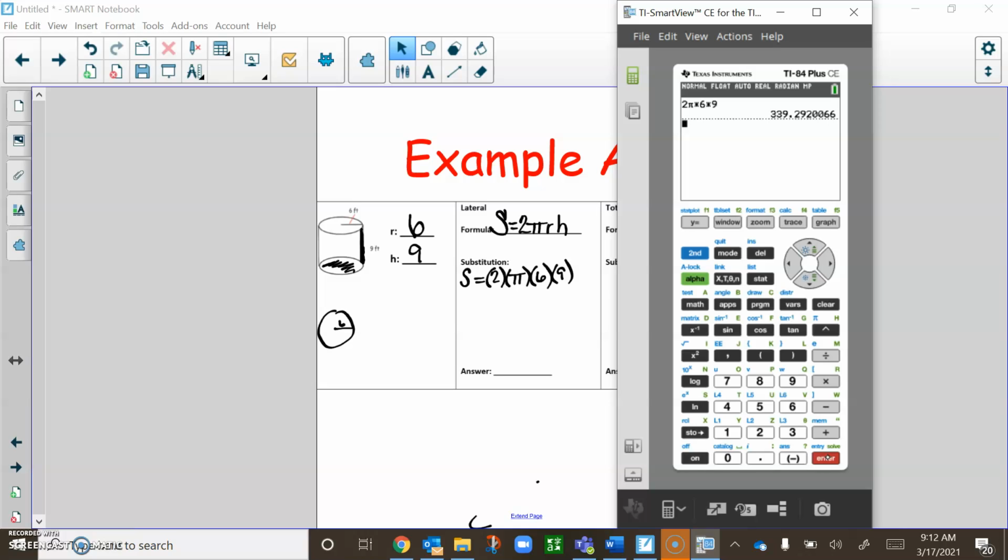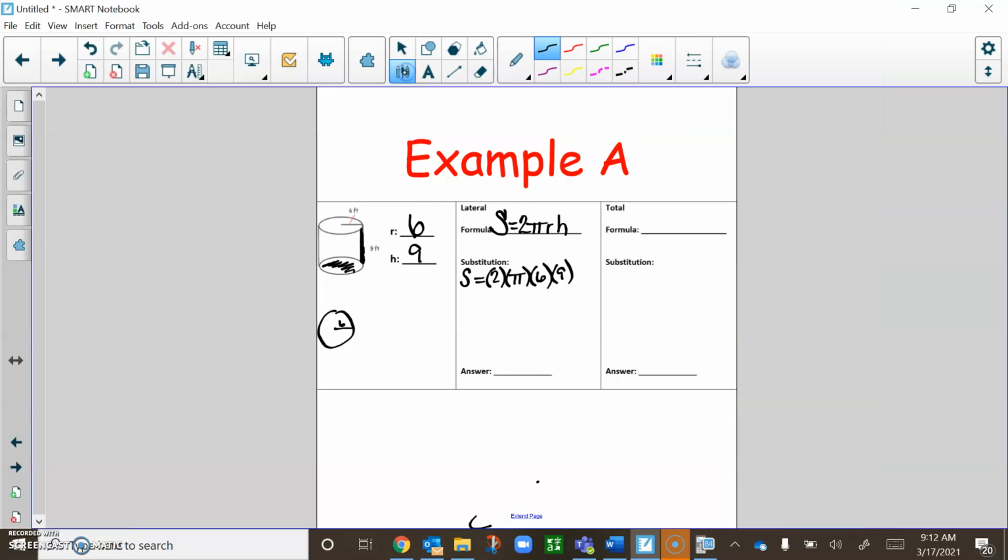We're going to always round to the nearest hundredths place, so you need two numbers behind the decimal. So we have 339.29 square feet.